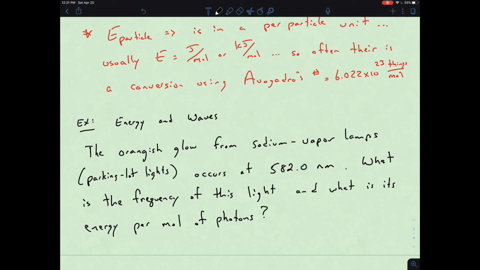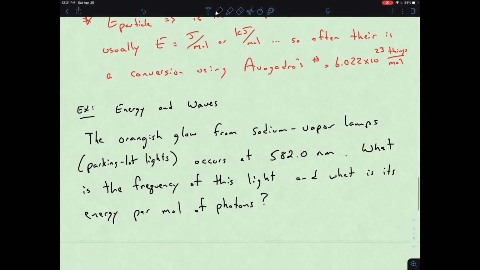So we have two questions here. Start with the first one. We could look at the frequency of this light. So we're really looking for this idea of frequency, and we could say that that's part A. And then we also have this notion of what is its energy per mole.